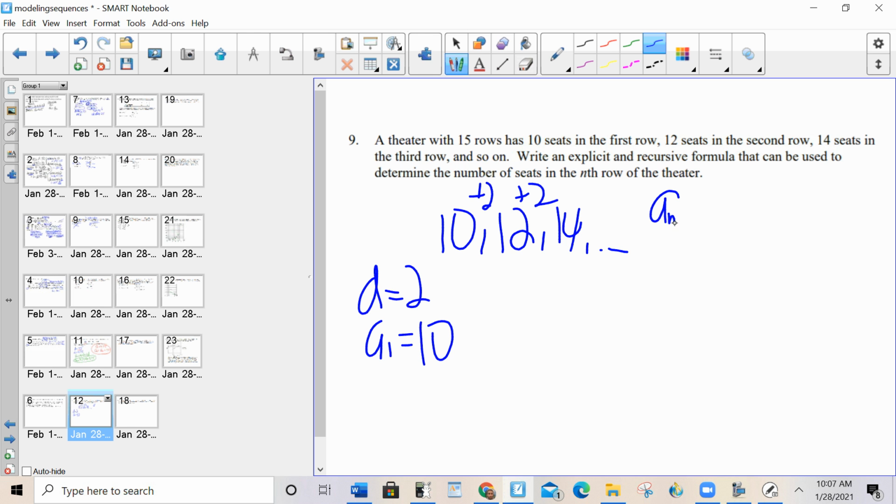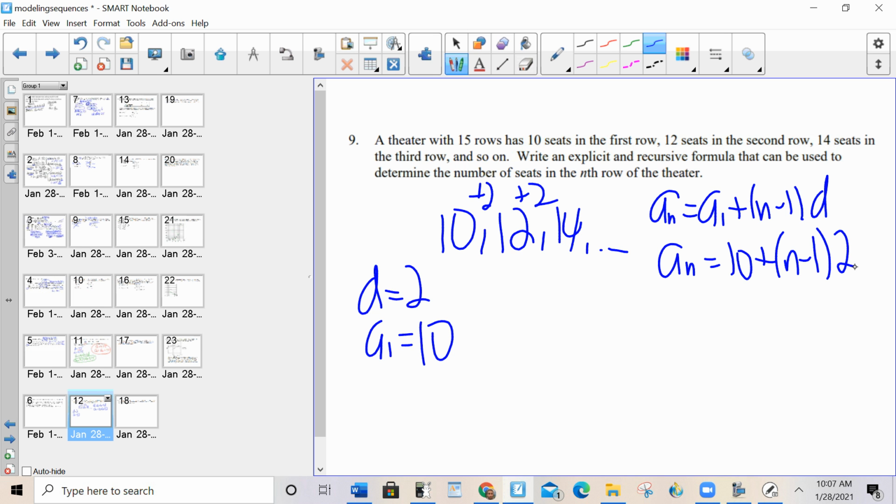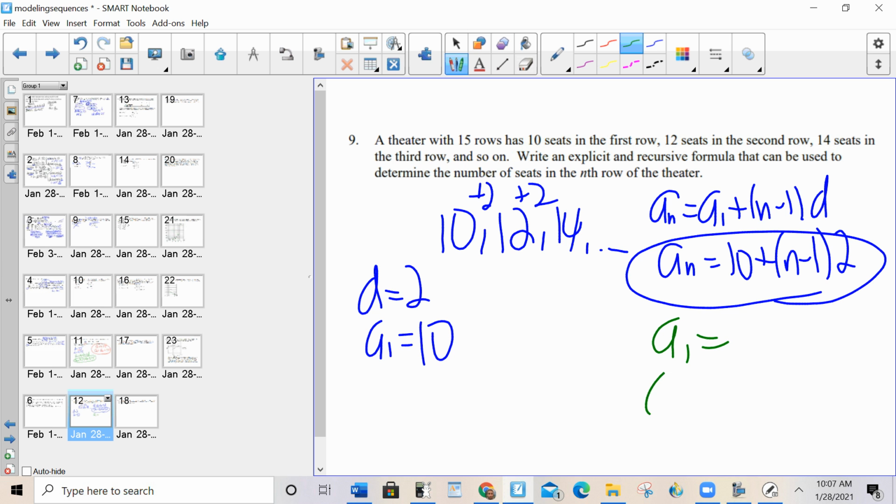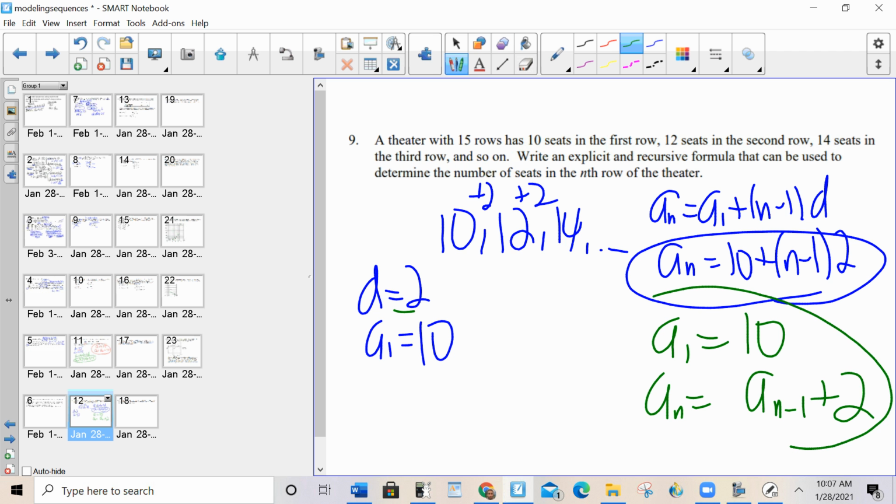It's arithmetic, so it's a_n equals a1 plus n minus 1 times d. a_n equals 10 plus n minus 1 times 2. Recursive: a1 equals 10, a_n equals a_(n minus 1) plus 2. a1 is 10. The common difference is 2, so I'm adding 2 to the previous term. That's your answer.